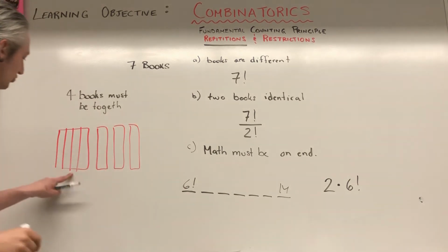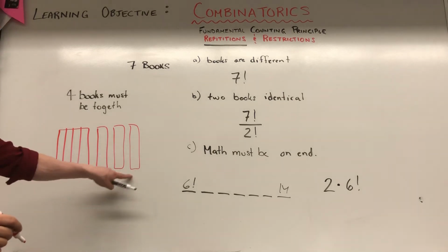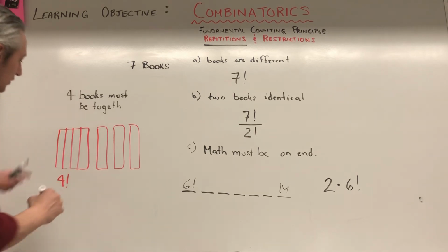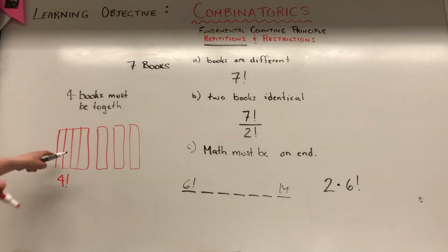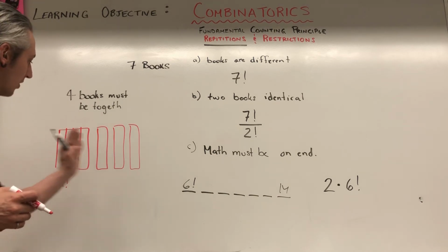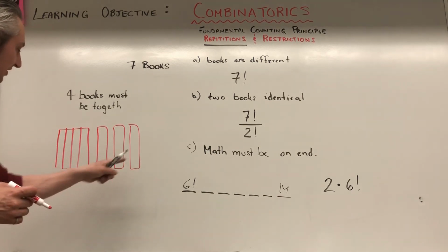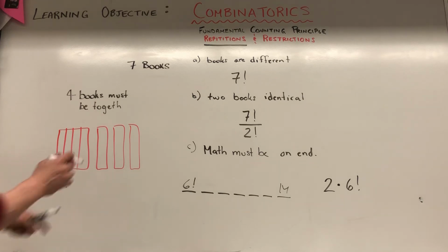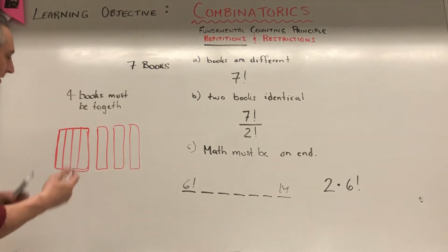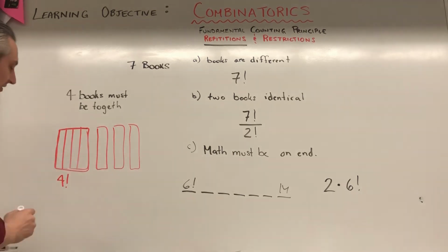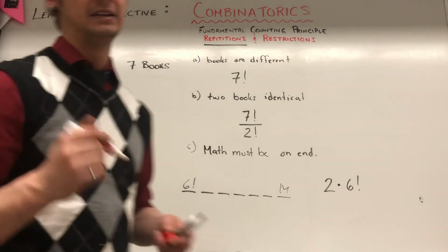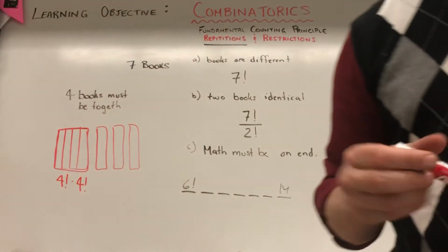So I have to treat this as an object. So now I have essentially 4 objects, but this object has 4 factorial ways of being arranged, right? Because the order of these books can also change while we're changing the order that this shows up with the others. So it's 4 factorial, and then if I'm treating this as an object, and these are the other 3 objects, how many ways can I arrange these 4 objects? 4 factorial. So it's 4 factorial times 4 factorial.